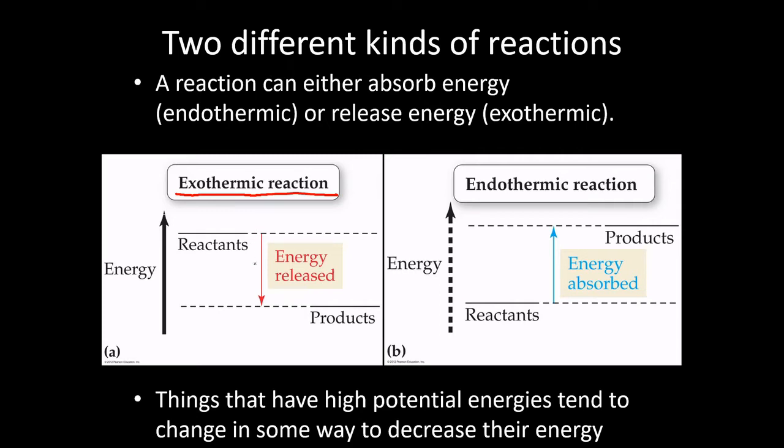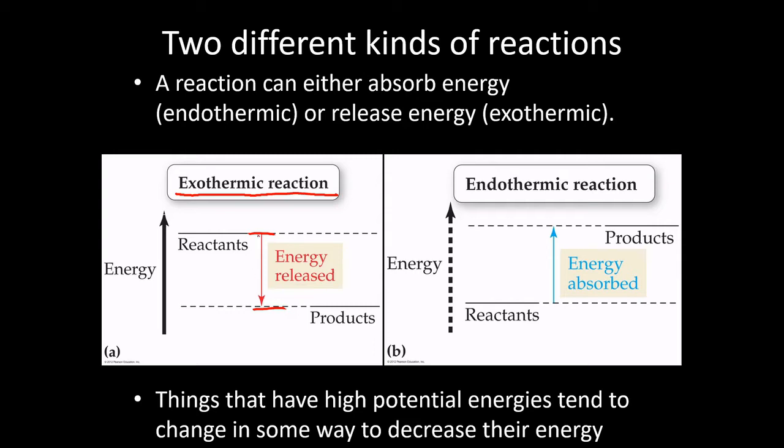Now, this difference between the reactants and the products can't just be destroyed. Again, this is similar to the conservation of mass that we had two videos ago. There is the conservation of energy as well. You can't create or destroy energy in the same way that you can't create or destroy mass.